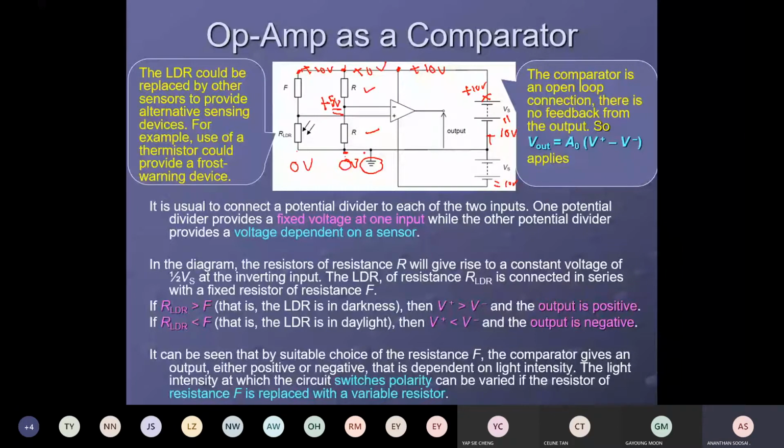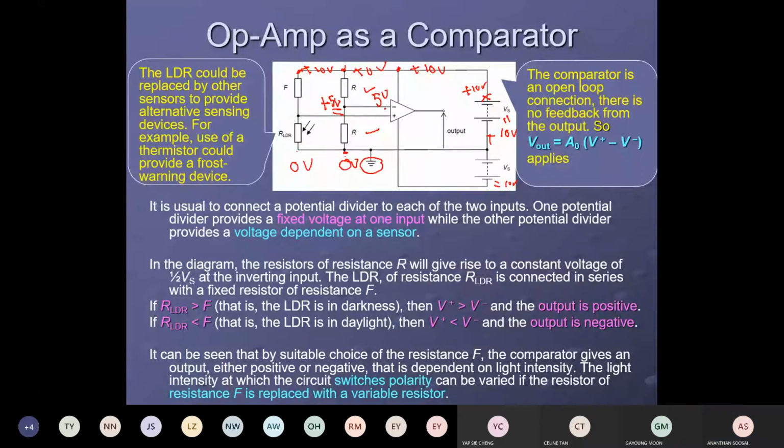Everyone agree? Because R divides the voltage equally, the first R takes 5 volt and the second R takes 5 volt. So the balance is 5 volt here. The input at the inverting input will be 5 volt.